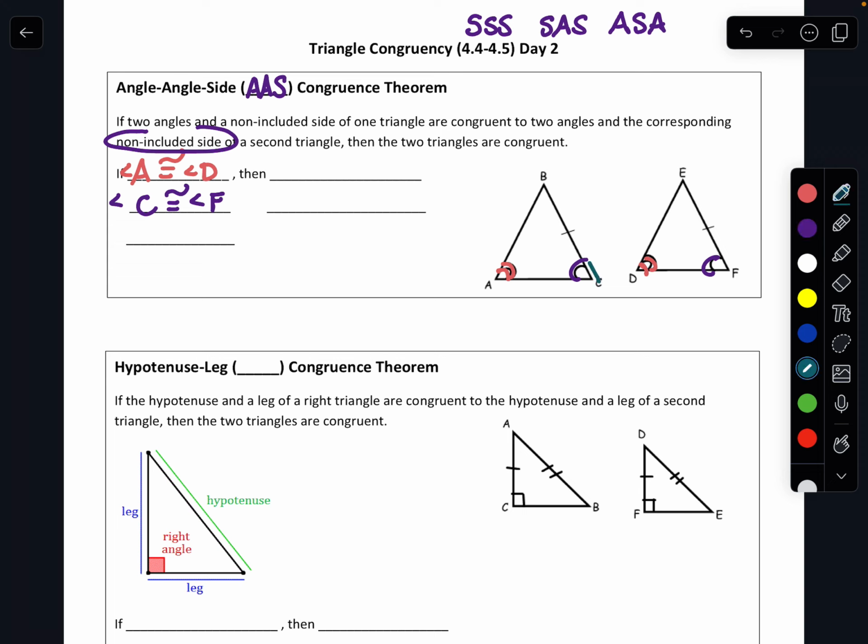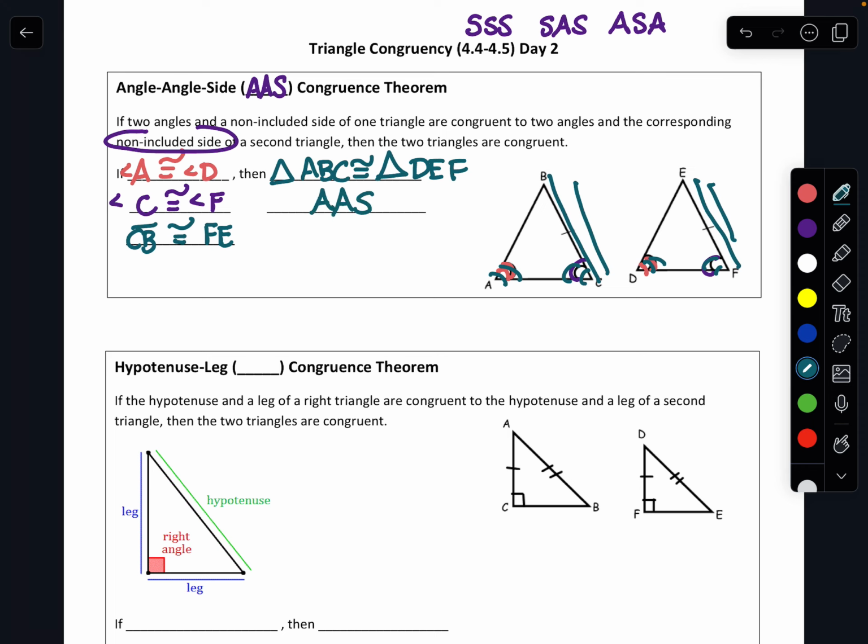So this side is non-included, CB and FE. Okay, if you've got 2 angles that are congruent with each other and then a non-included side, then the 2 triangles are congruent by this theorem, the angle, side congruence theorem.